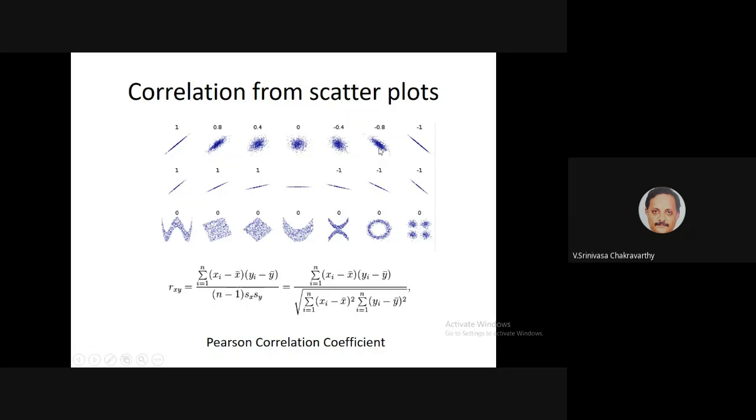You also see negative correlation when one is increasing and the other is decreasing, as you can see in the first row, and in the second row also. Since the two variables are linearly related, if the slope is negative you get a correlation of -1, and if the slope is positive you get a correlation of +1. But there is no graded variation based on the slope. That's the problem with the Pearson correlation coefficient.